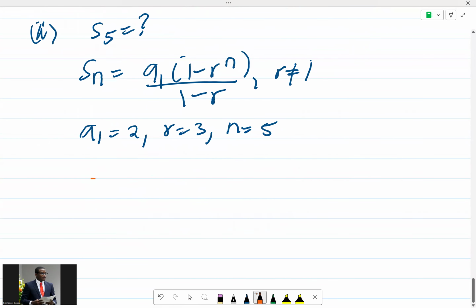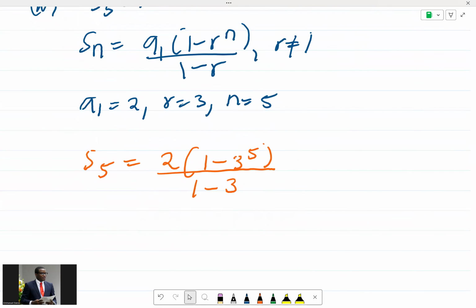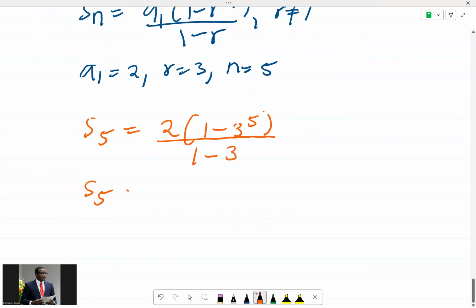So now S5 is equal to 2 into 1 minus 3 raised to power 5, all over 1 minus 3. So we have to battle with this. 3 raised to power 4 is 81, and 81 times 5 is 405, I believe, divided by 1 minus 3, that's minus 2.